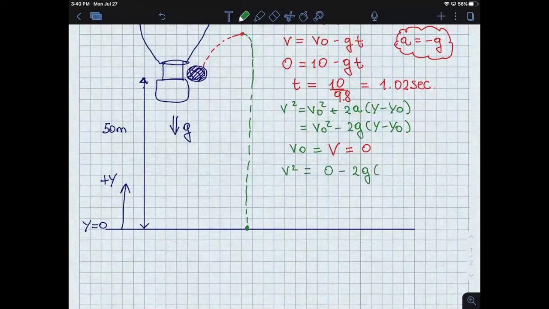So for the green motion of the ball, the final height y is 0, which is the ground. So this is going to be 0 minus the initial height of the green motion, which is the maximum height, 55.10. And this becomes negative 2 times 9.8 times negative 55.10.